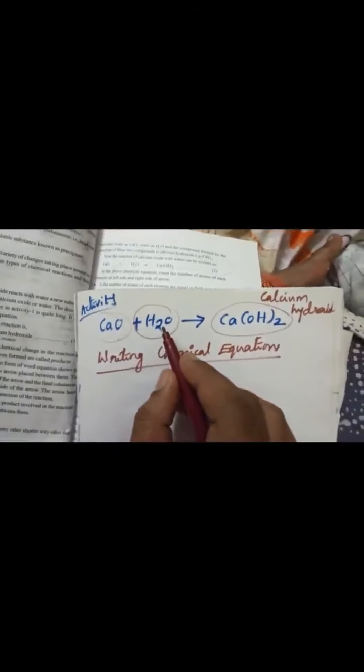This one is calcium hydroxide. So first we need to understand how to write the calcium oxide compound formula and the water molecule formula.